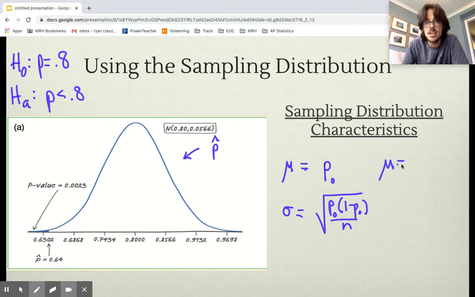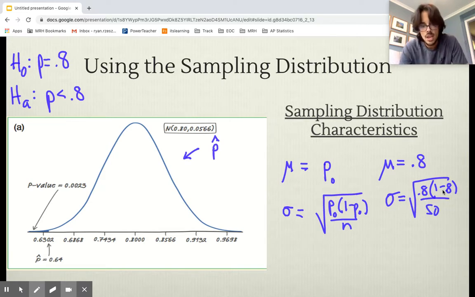Our mean is going to be 0.8. And then for our standard deviation, I would need to plug in 0.8, 1 minus 0.8, and it was 50 shots that we took. I'll just type that in real fast to tell you guys what I get. The standard deviation is 0.0566 if you round.